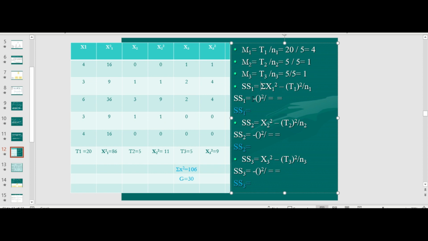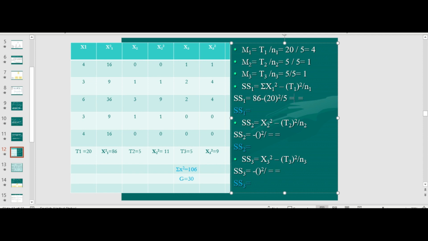So the summation x1 square is 86 and we have to calculate T1 where we will write 20 and divide it by 5.